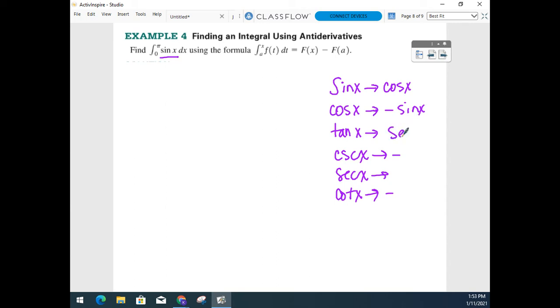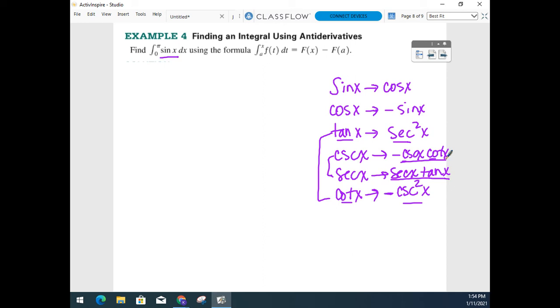Tangent is secant squared. It kind of pairs up with cotangent, which is negative cosecant squared. The other two start with themselves. Cosecant is negative cosecant cotangent, and secant starts with itself, secant tangent. Notice tangent and secant go together. Cotangent and cosecant go together as well.